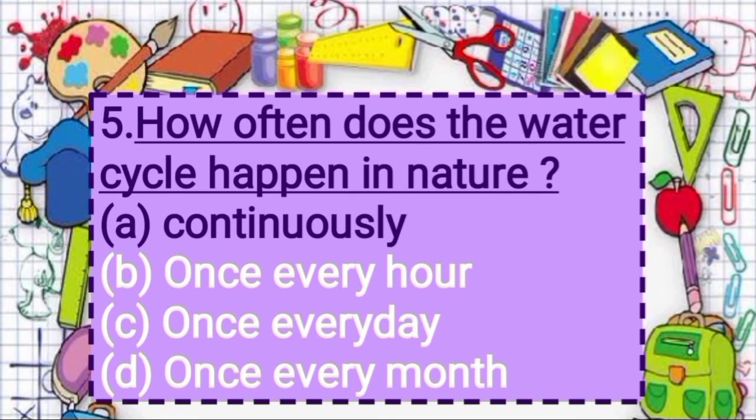Option D, once every month. Answer is option A, continuously. Means the water cycle happens in nature continuously.